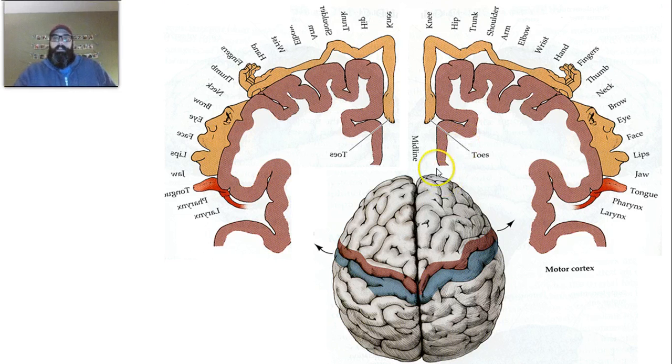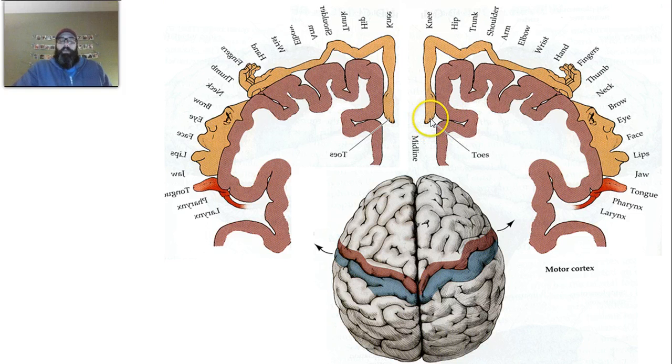So if you look at this, if we started deep inside the lateral fissure here, you'll notice that as you go up the lateral fissure around the cerebral cortex, there are very specific structures that are controlled in that very specific region of the cerebral cortex. For example, on the right-hand side of the body, on the right hemisphere of the brain, as you go up, the first thing that is controlled are the toes.